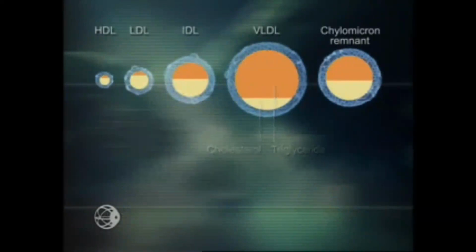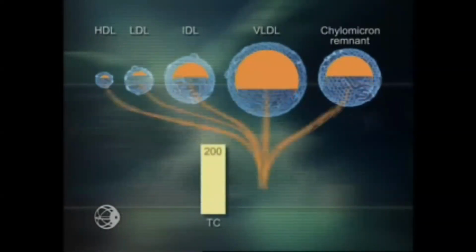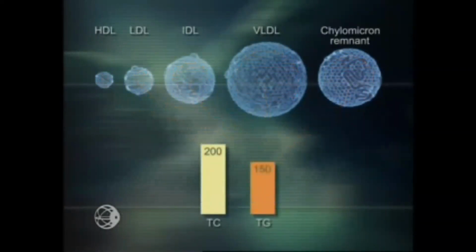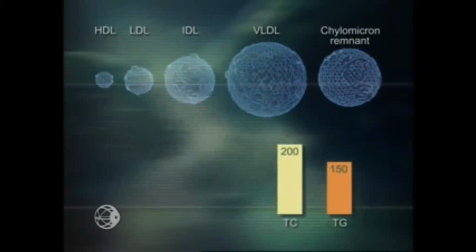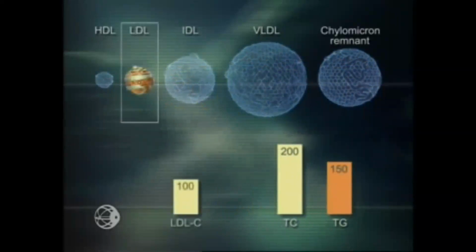Over the years, guidelines have shifted from the measurement of total cholesterol and triglyceride content of lipoproteins in the plasma to a more refined focus on LDL, the bad cholesterol, which deposits excess cholesterol in the arterial wall, and HDL, the good cholesterol, which retrieves cholesterol from the arterial wall and returns it to the liver.